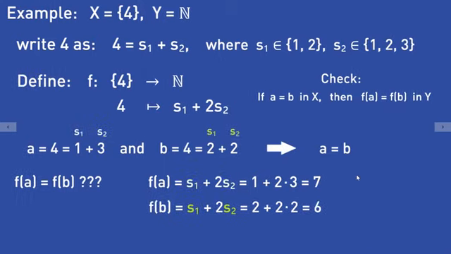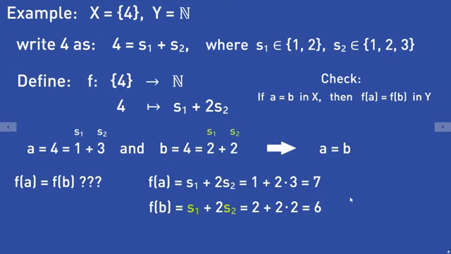We do the same thing for f of b. f of b is equal to s1 plus 2 times s2. And in this case, s1 is that number here and s2 is this number here. So s1 is 2 and s2 is 2, because we are looking at b now. So we can insert for s1 and s2 and get 2 plus 2 times 2, which is 6.